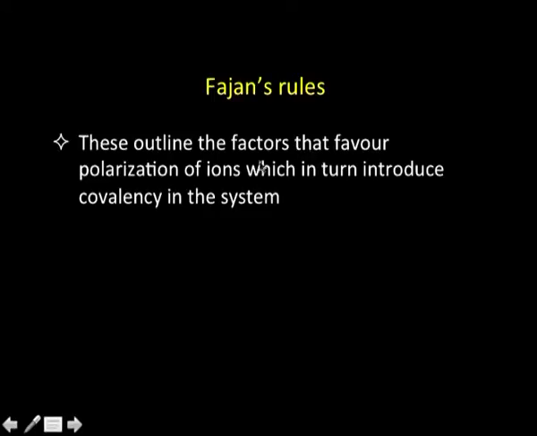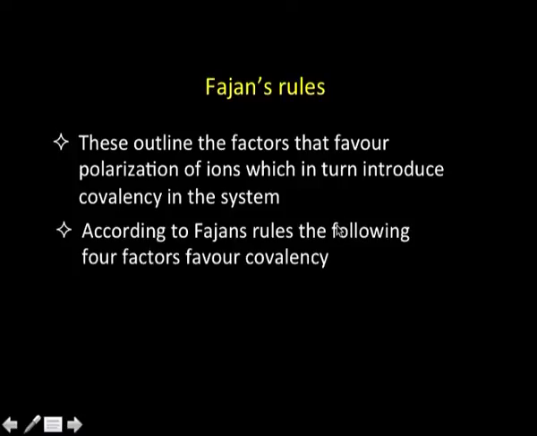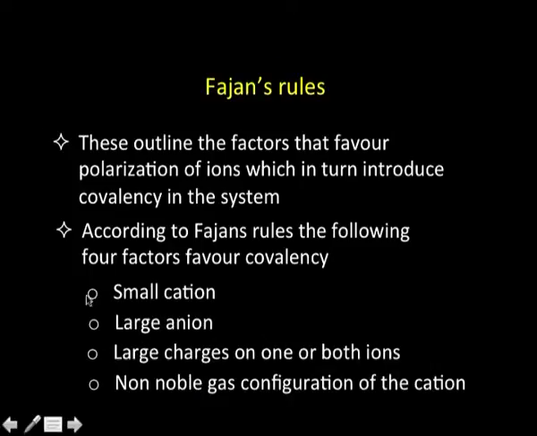All these factors have been put together by Fajan in terms of certain rules, which are called Fajan's rules. They basically outline the factors that favor polarization of ions, which in turn introduce covalency in ionic solids. These rules consist of the 4 factors put forth by Fajan: small cation, large anion, large charge on one or both the ions, and non-noble gas configuration of the cation.